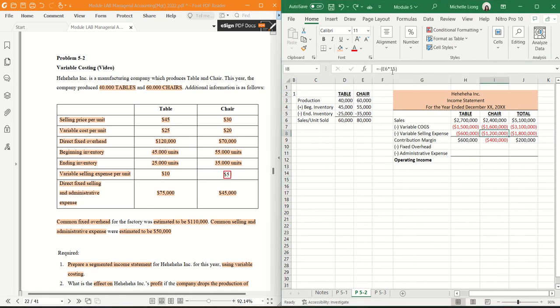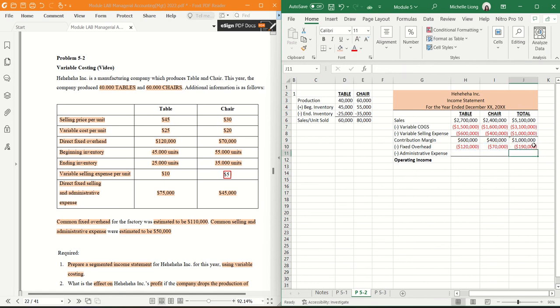So right here we just need to change it to 5. And yep, we got it. And then the fixed overhead right here, we have the direct fixed overhead, which is 120 and also 70,000. So 120 and also 70.